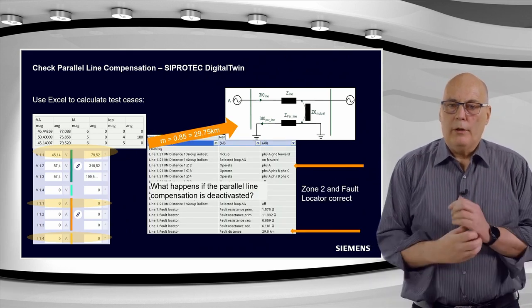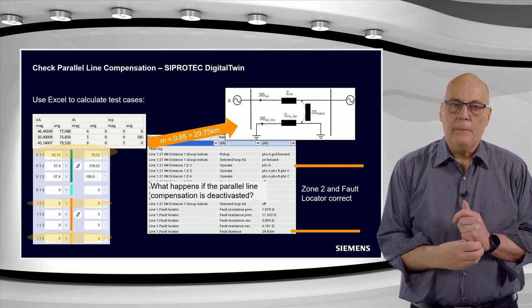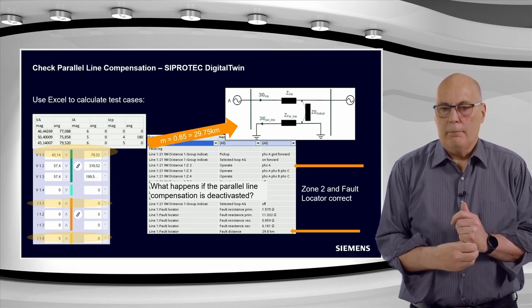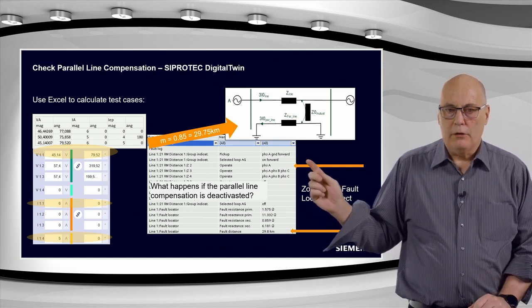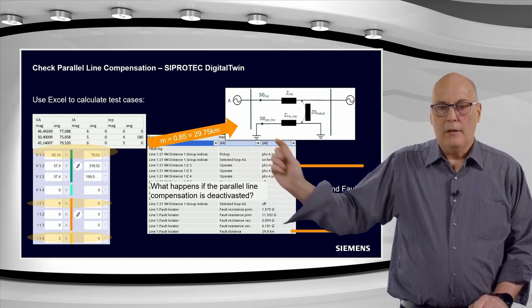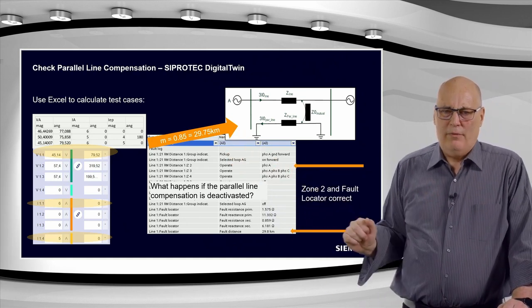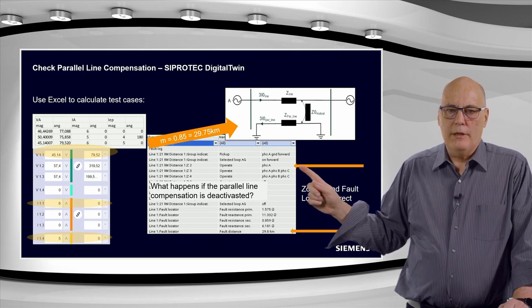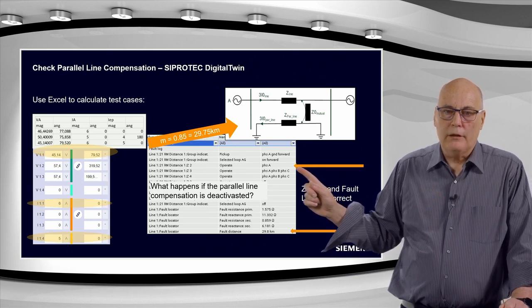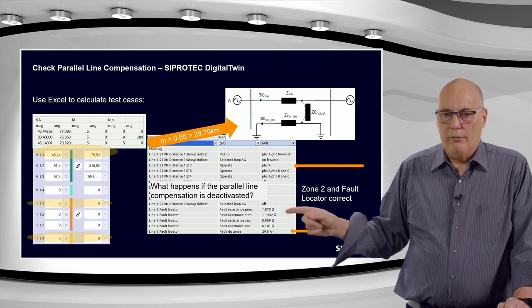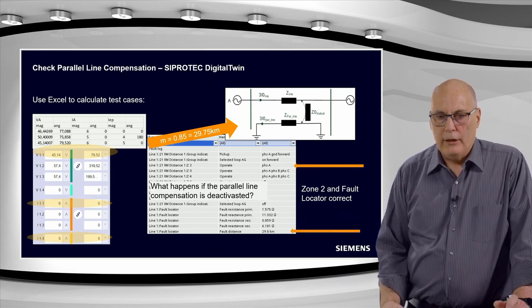Then finally, what I did just to check something is, over here we did just a relook at this case over here. This fault should be seen in zone 2 and not in zone 1. And if one looks here carefully, you can see here it was a zone 2 operate for that second case. And the fault location is at 29.8 kilometer where we expected.